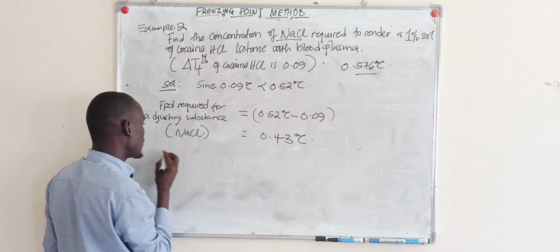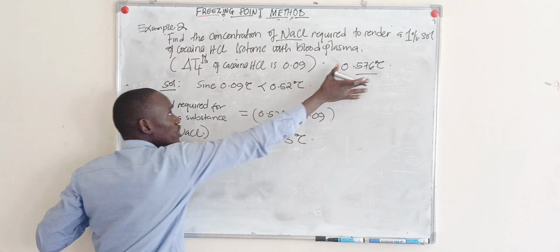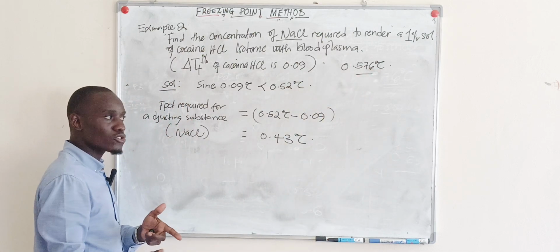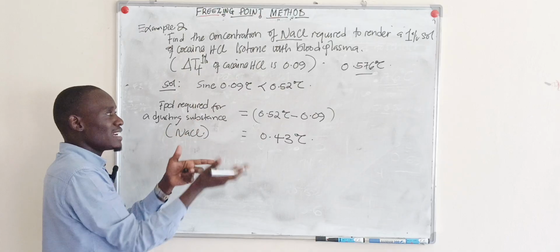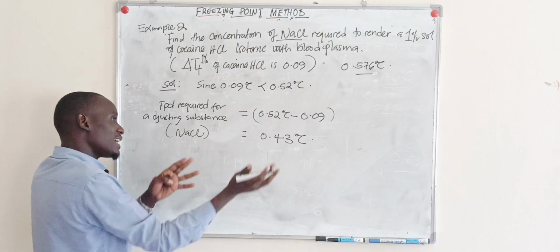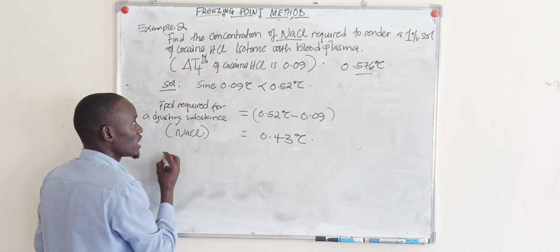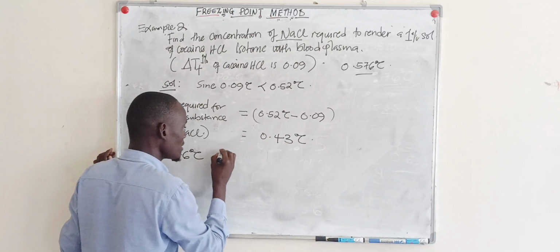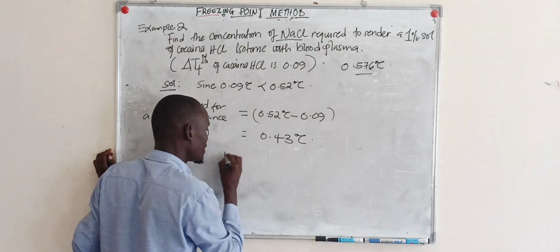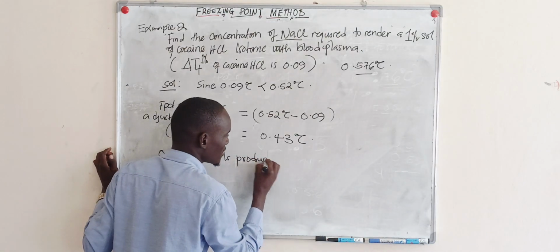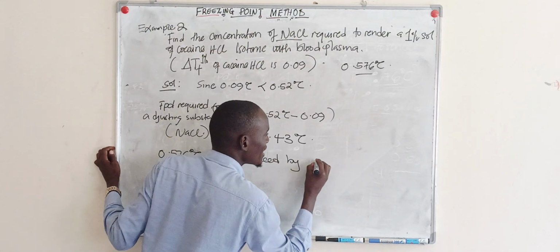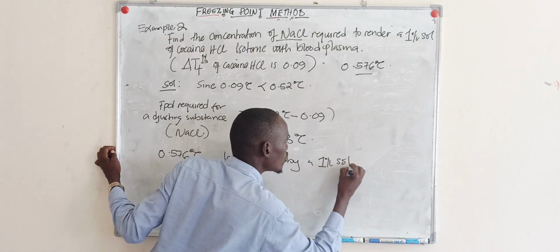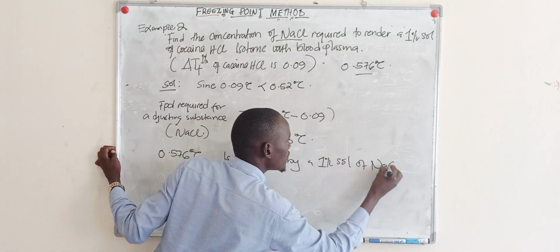So we shall write that from first principle, where what we know is the freezing point depression and what we are looking for is the percentage strength of the adjusting substance. So we shall have that on the right hand side. So we shall say 0.576 degrees C is the freezing point produced by a 1% solution of sodium chloride.